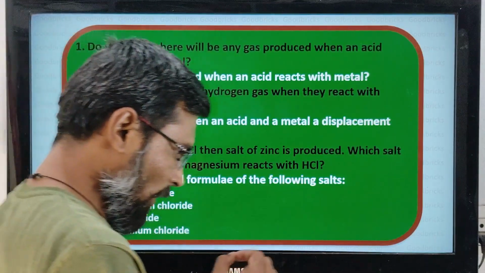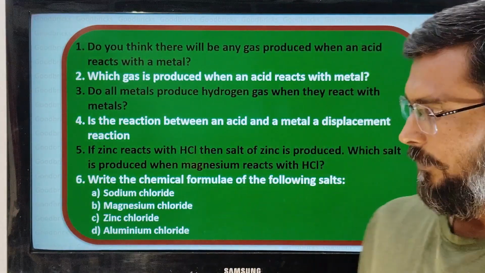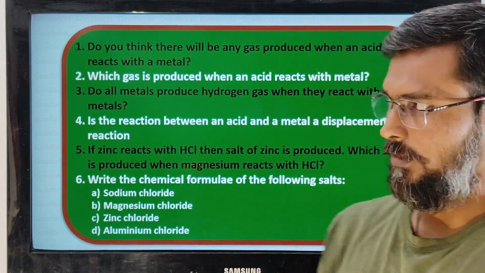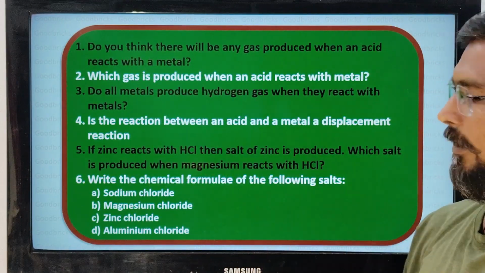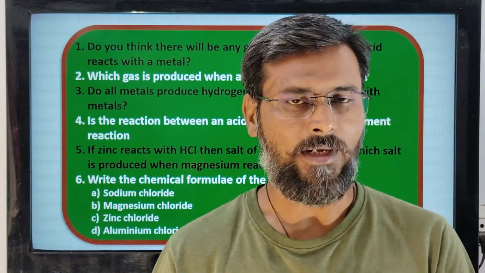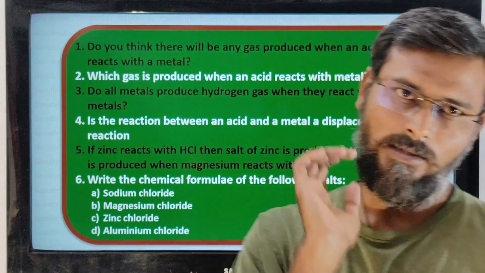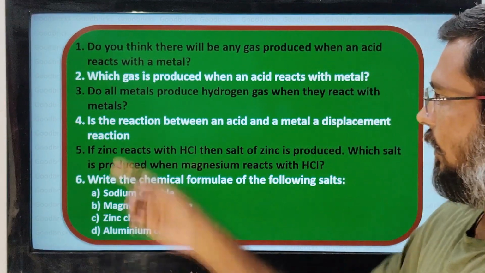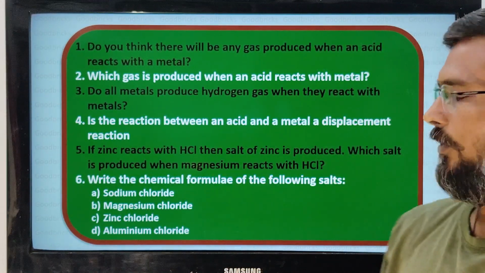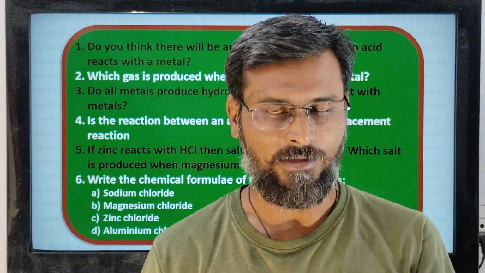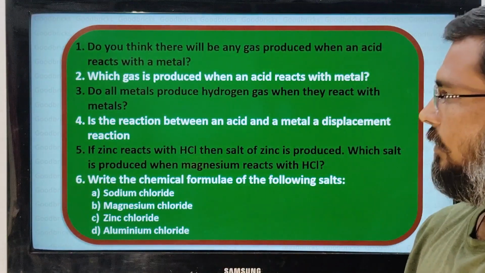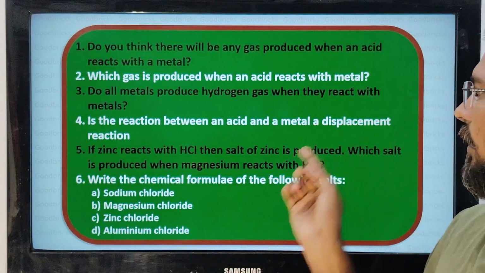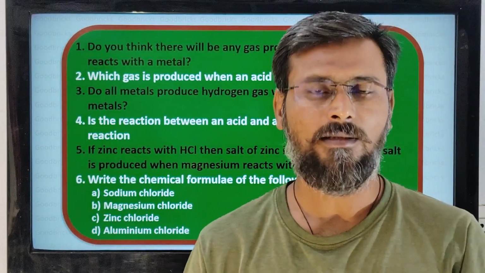Now let us try to answer all these questions which you can see on the screen with the help of our discussion. First question, do you think there will be any gas produced when an acid reacts with a metal? Yes. Which gas is produced? Hydrogen gas. Third question, do all metals produce hydrogen gas when they react with acids? Yes. Fourth question, is the reaction between an acid and a metal a displacement reaction?